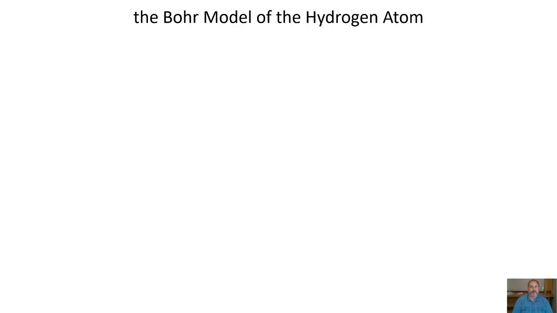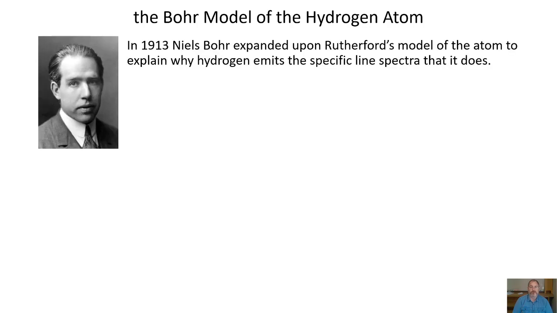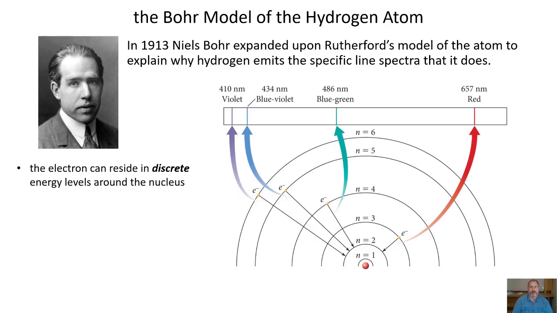Now the first person to actually try to describe this phenomenon of the line emission spectrum of hydrogen was Niels Bohr. In 1913, Niels Bohr expanded upon the Rutherford model of the atom, and he tried to explain why hydrogen emits the specific lines that it does. To give a summary of his model, what he proposed is that electrons reside in discrete energy levels that orbit around the nucleus.